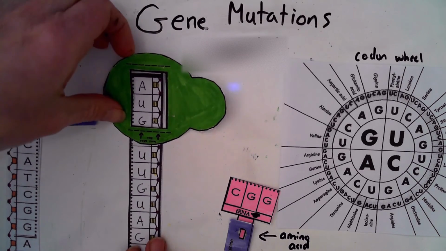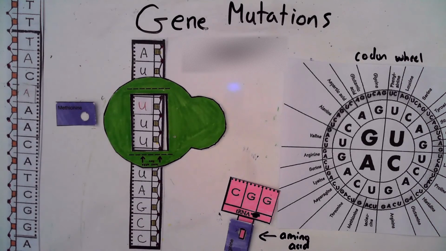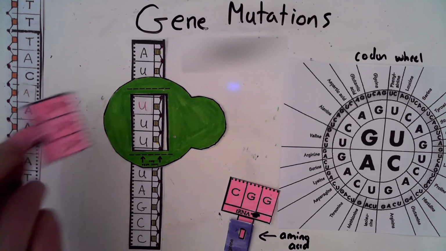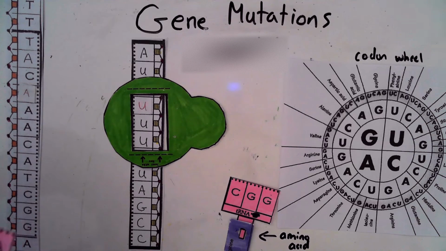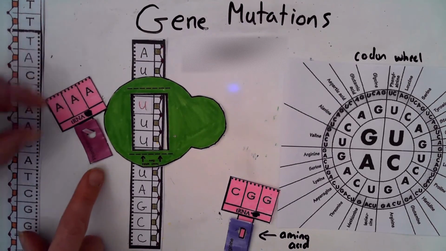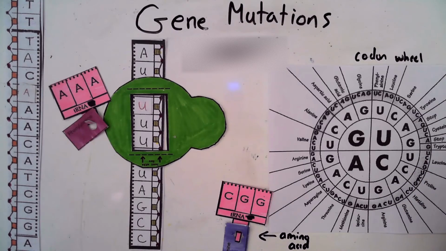However, when the mRNA is read for the second codon, we are going to end up with a different tRNA molecule matching, and because it's a different tRNA, it's going to be carrying a different amino acid. In this case, it's phenylalanine.